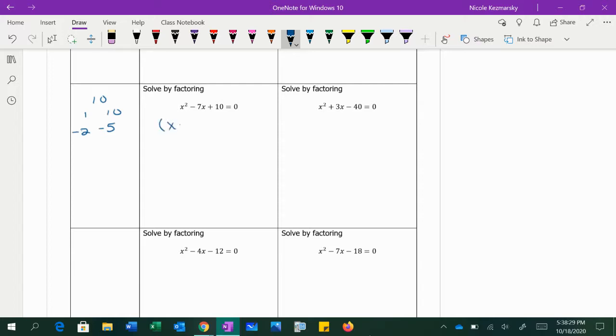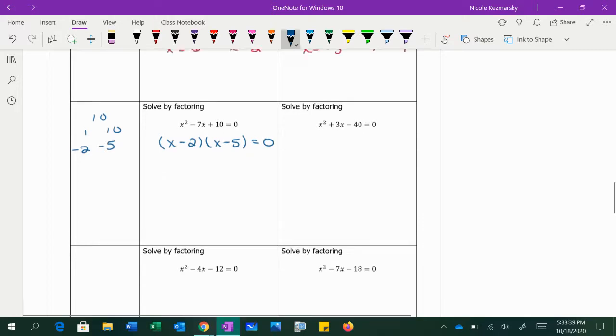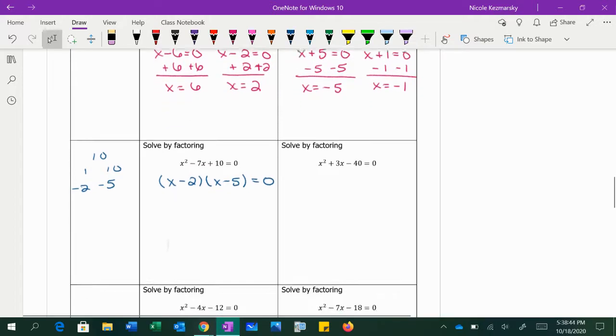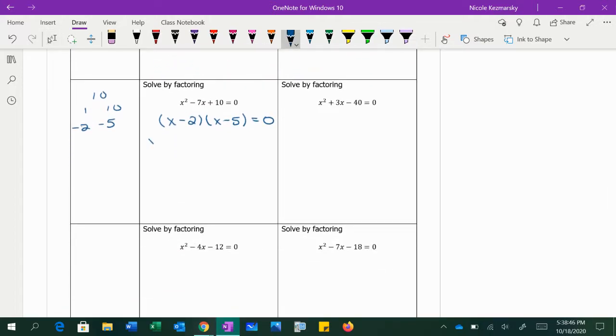So I'm going to write my answer as x minus 2 and x minus 5, and those both equal 0. So now this problem looks like the way the problem above it started. And so I'm going to take each set of parentheses and set them equal to 0 separately.